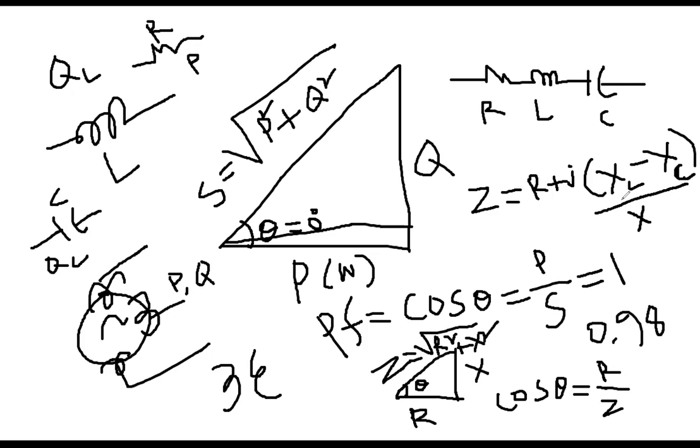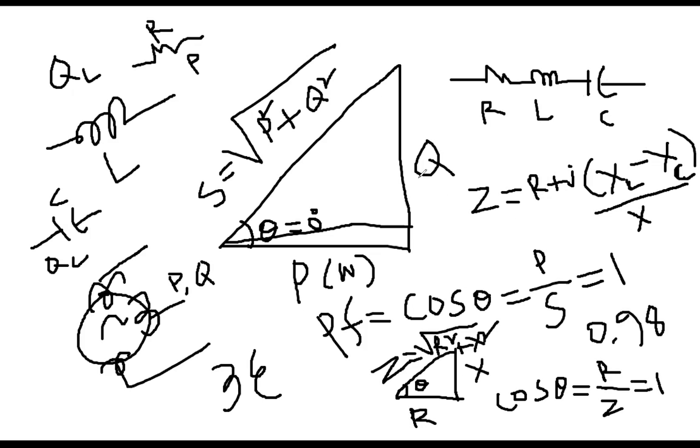So this means that if you can cancel out the impact of XL, it is plus jXL, but minus jXC, by putting the capacitor, you can cancel or compensate the negative impact of L. So if you can make Z equal to R, then in this equation, because R equals Z, cos theta will be 1.